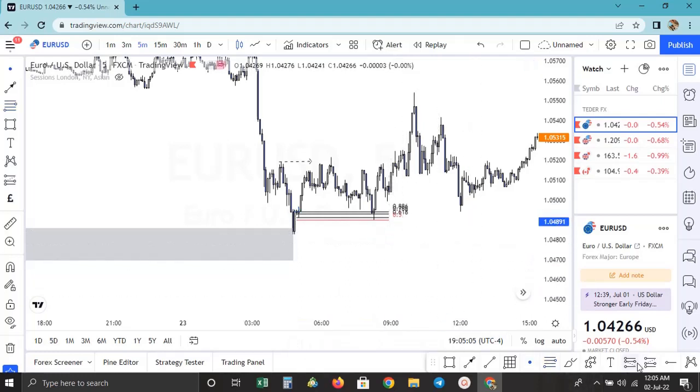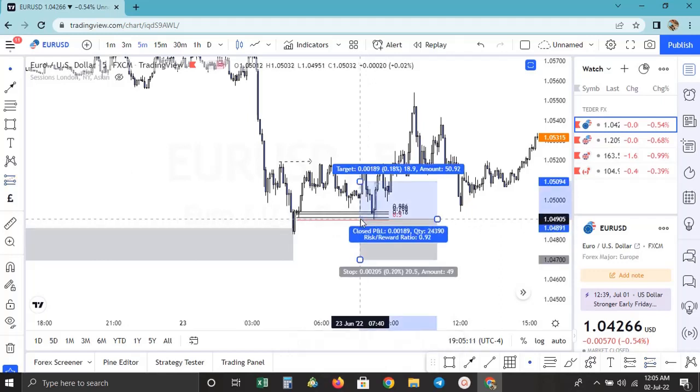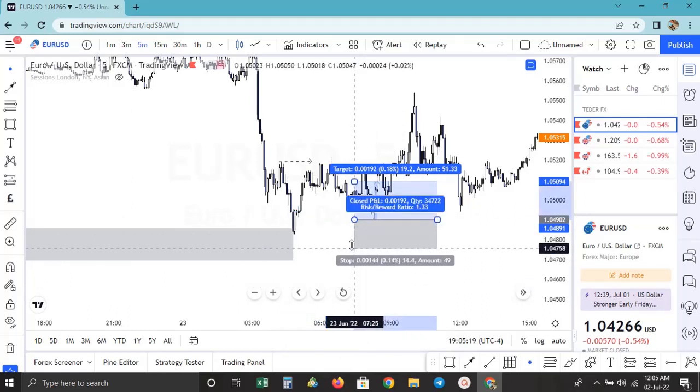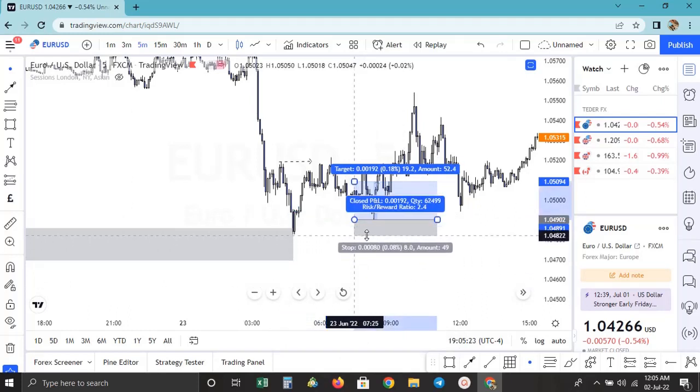Let's see how that entry was a very clean sniper. Then my stop loss was a little bit below here, just 8 pips.